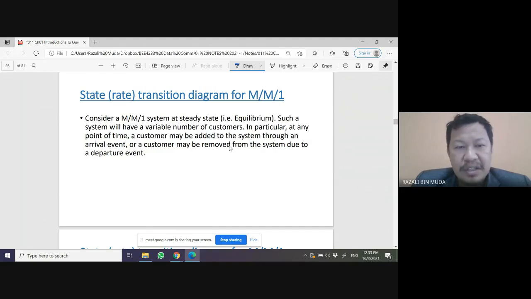Consider this M/M/1 system at steady state. At any point of time, one customer may arrive into the system through an arrival event, or at any point of time a customer may be removed, or finished, or being served.